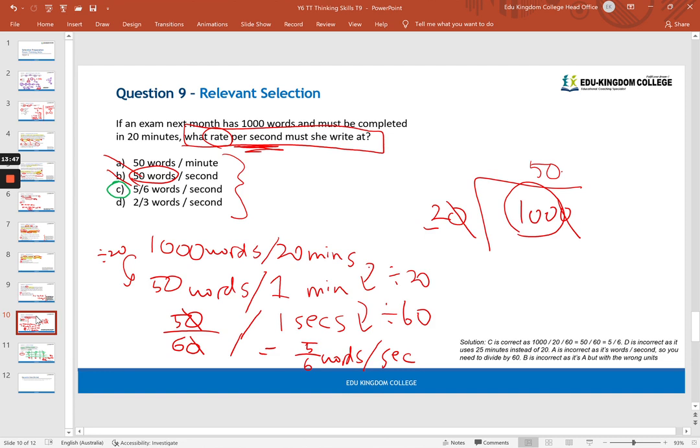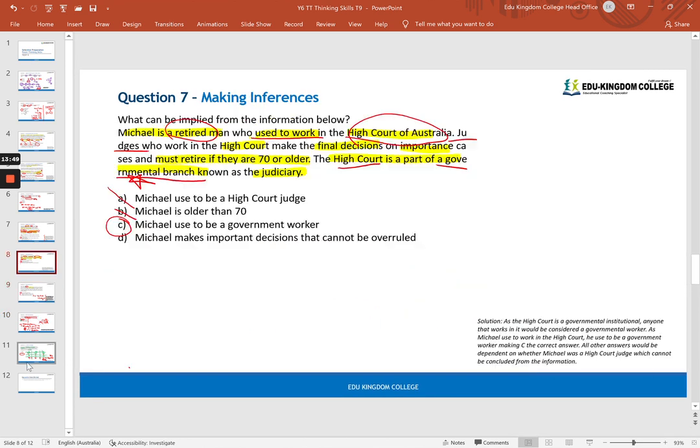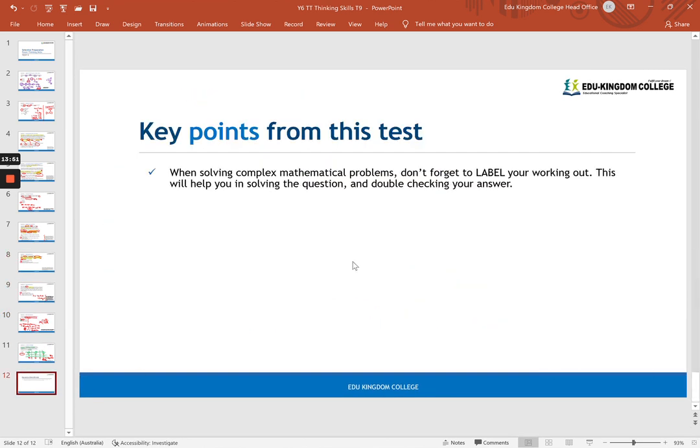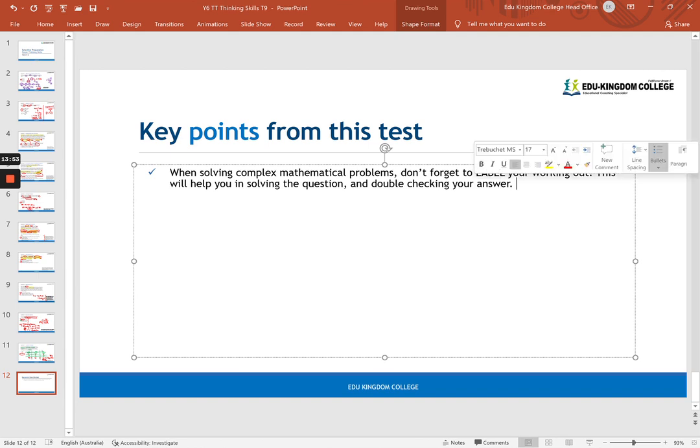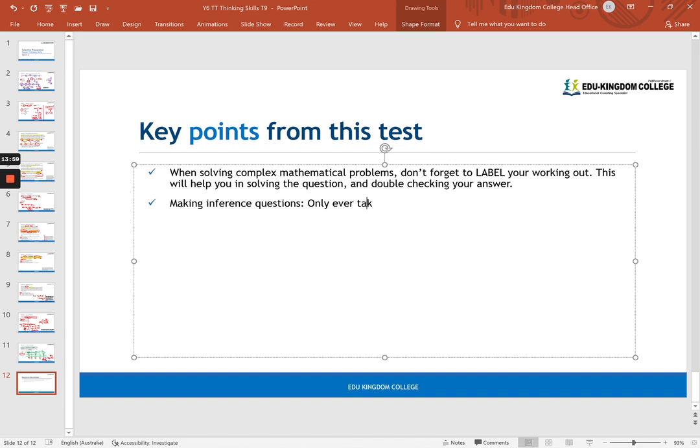Another thing we want to talk about for making inference questions: only ever take what is literally given in the text. Okay? Don't use your prior knowledge, as this may become a trap for you.